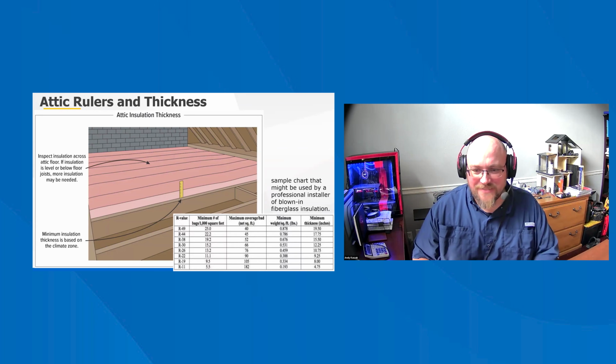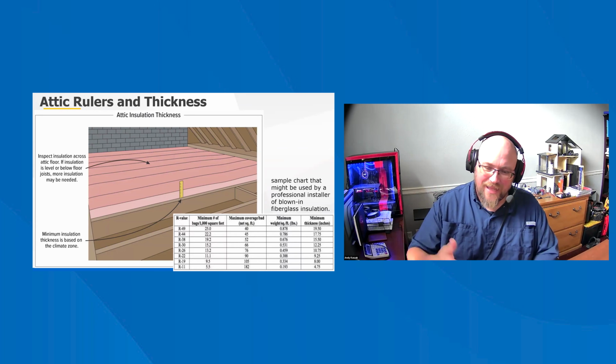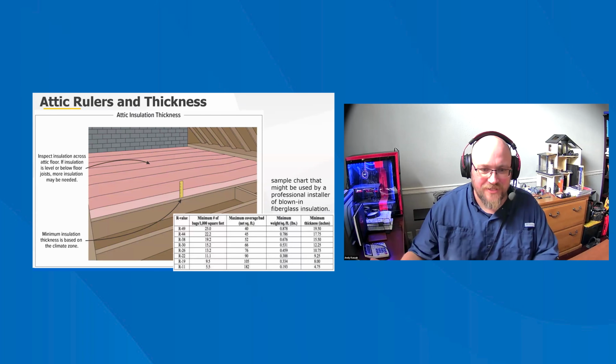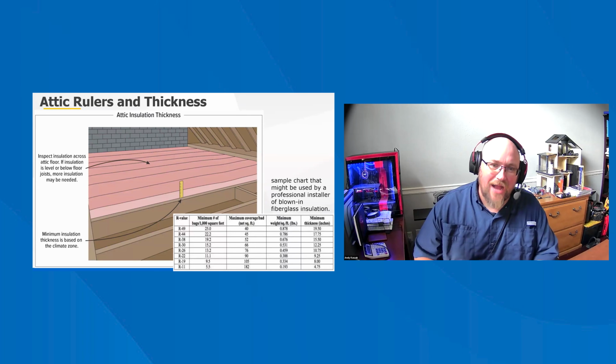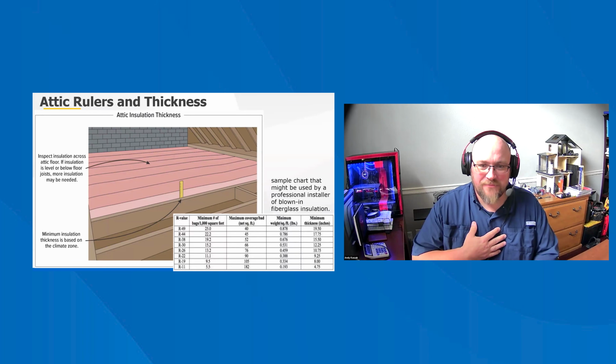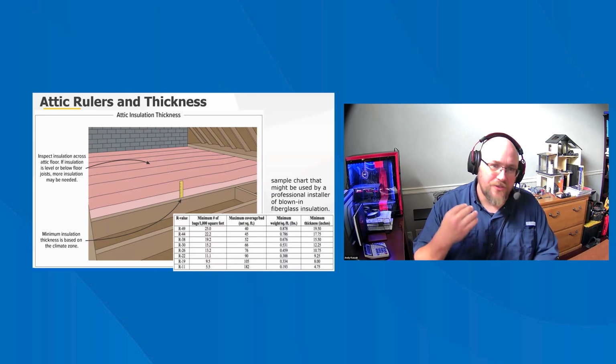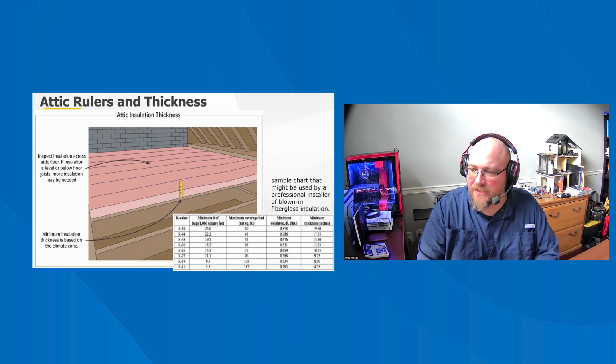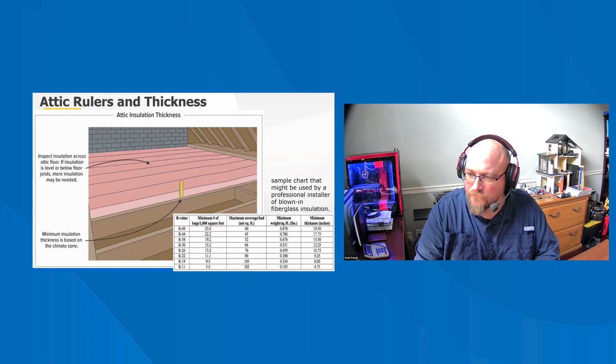You'll see an installer who wants to save a little bit of money, and so they will bend the attic ruler at the end by an inch or two, so they can put a little bit less insulation in there and use it on the next job. So if you're going to measure insulation, use your own ruler. Don't rely on the attic rulers. Just keep that in mind too if you're going to call those things out.